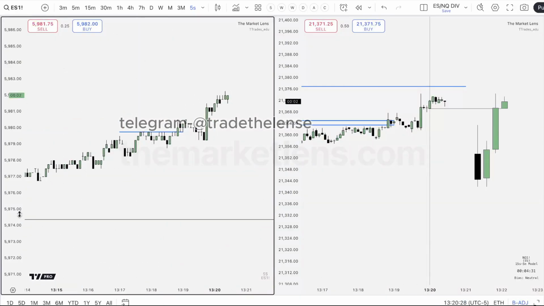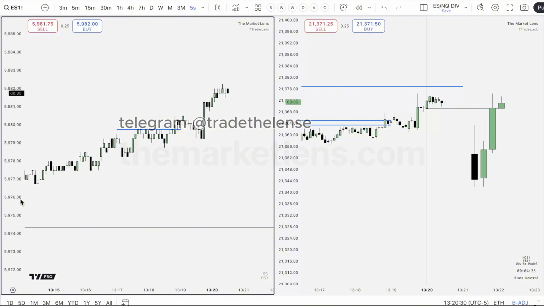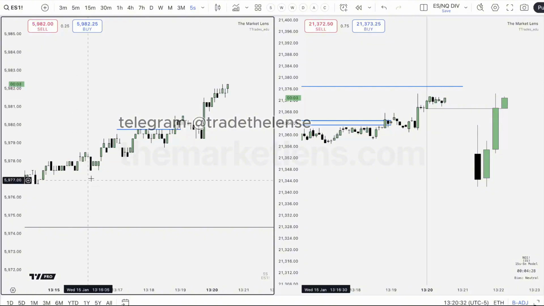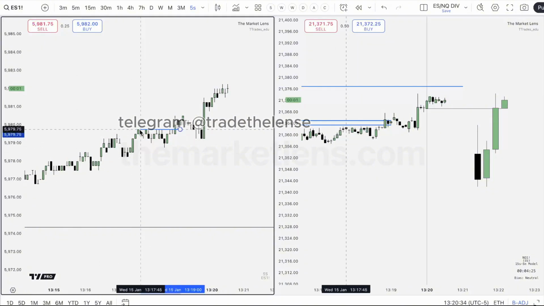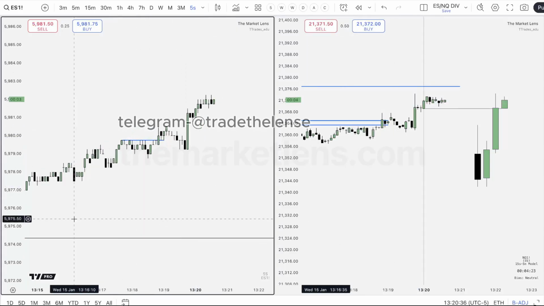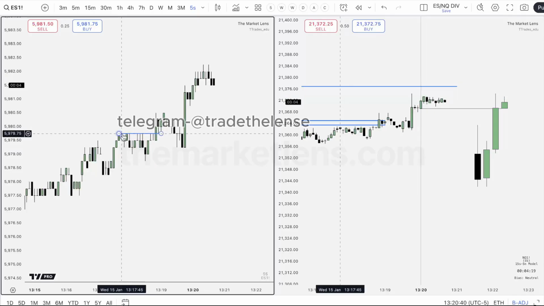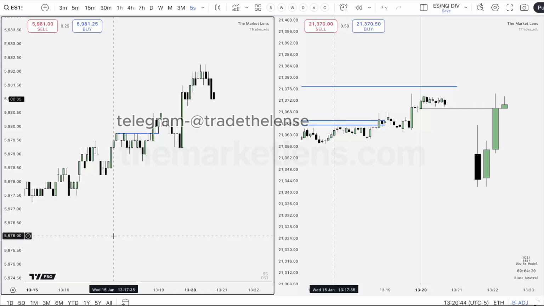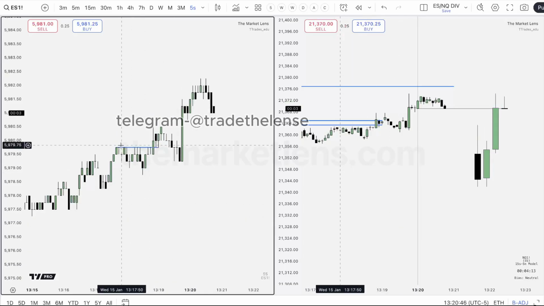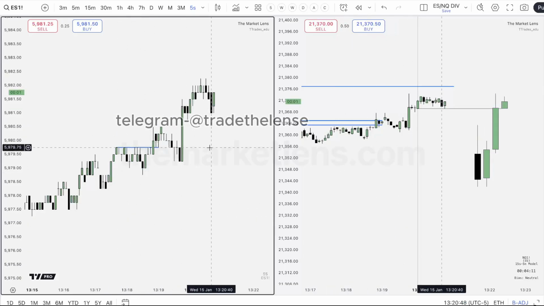I don't know what sports car that was, but anyways, you see how it stalled? Oh, I don't think you guys can hear that. That's great. See how it's stalling here and then it spikes.